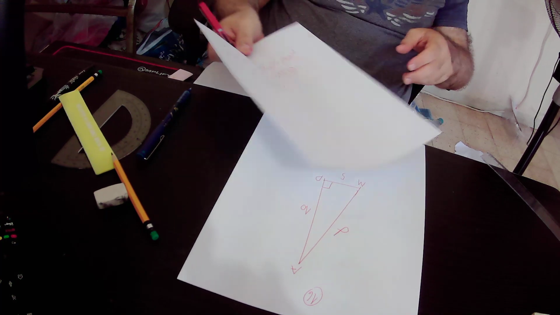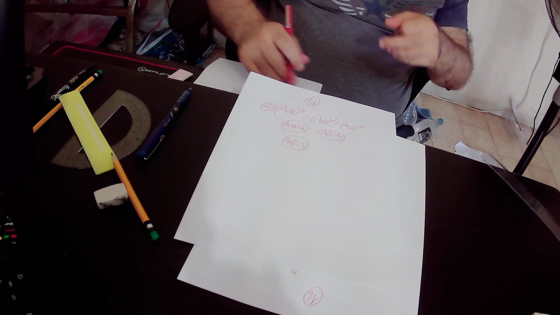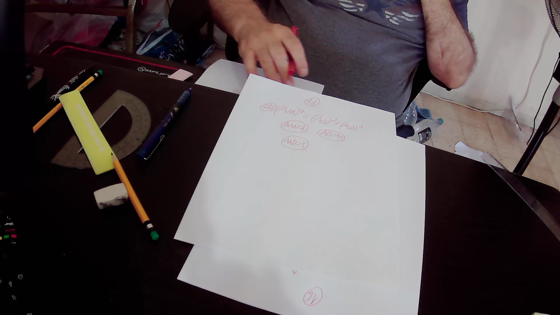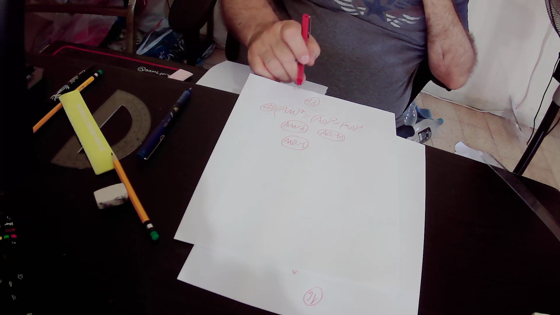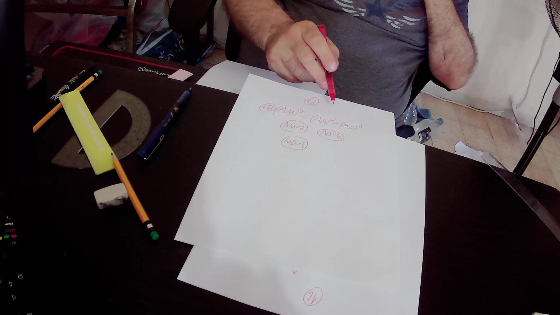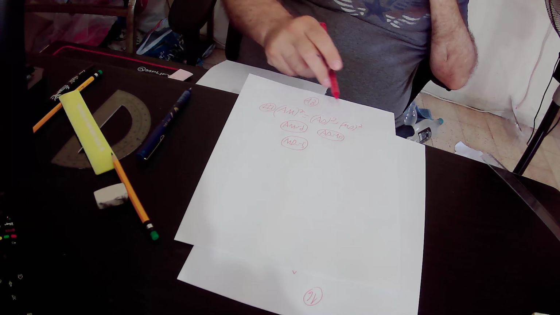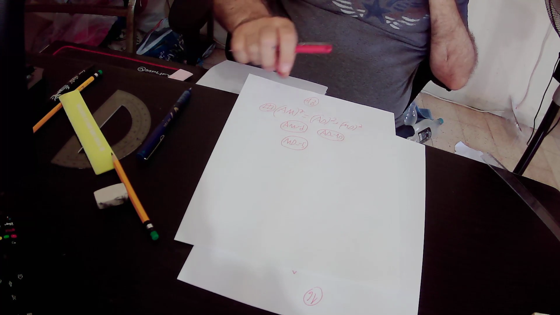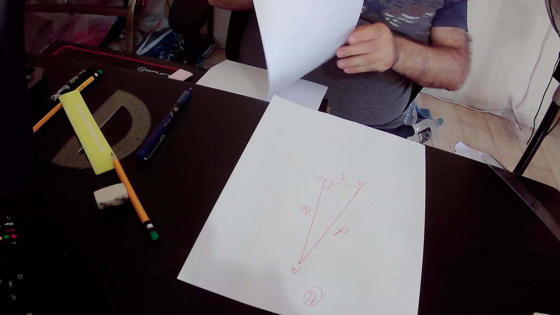So you can substitute AM by d, AD by 10 units, and MD by 5 units.